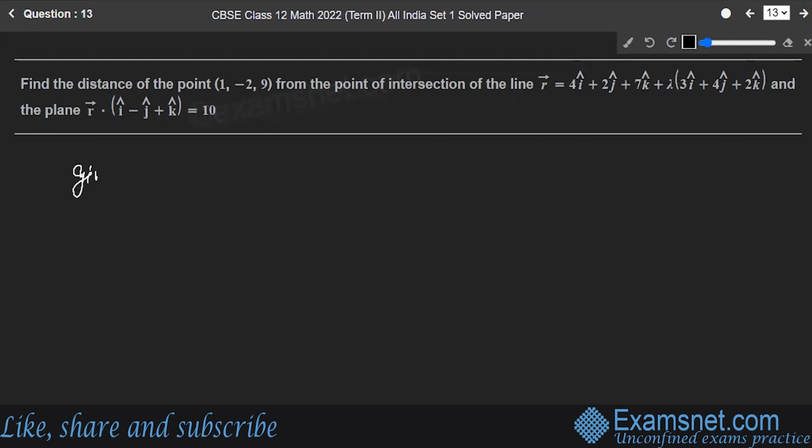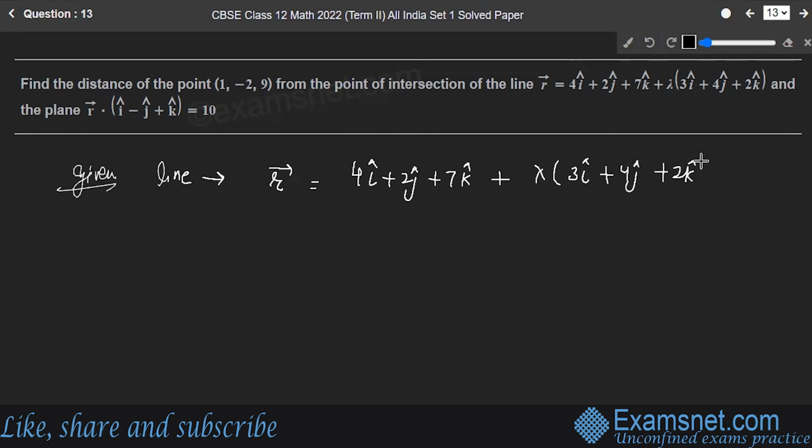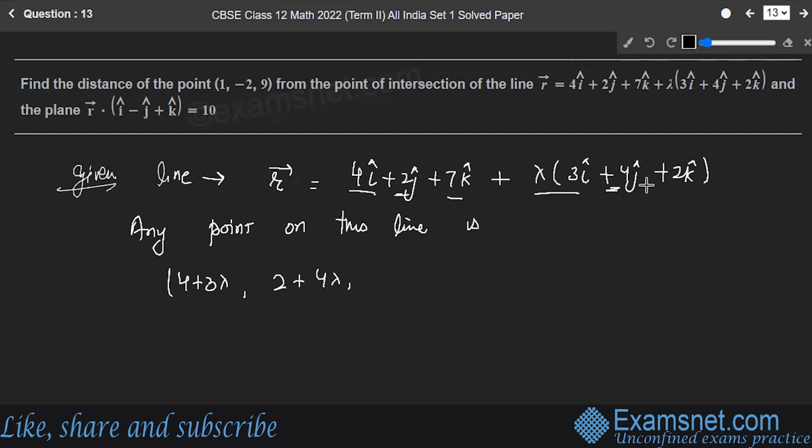Given line is r is equal to 4i plus 2j plus 7k plus lambda times (3i plus 4j plus 2k). Any point on this line is given by (4 plus 3 lambda, 2 plus 4 lambda, 7 plus 2 lambda).